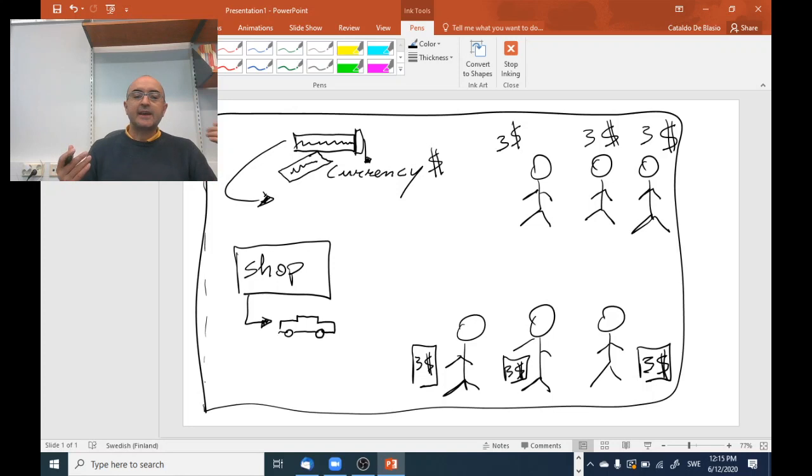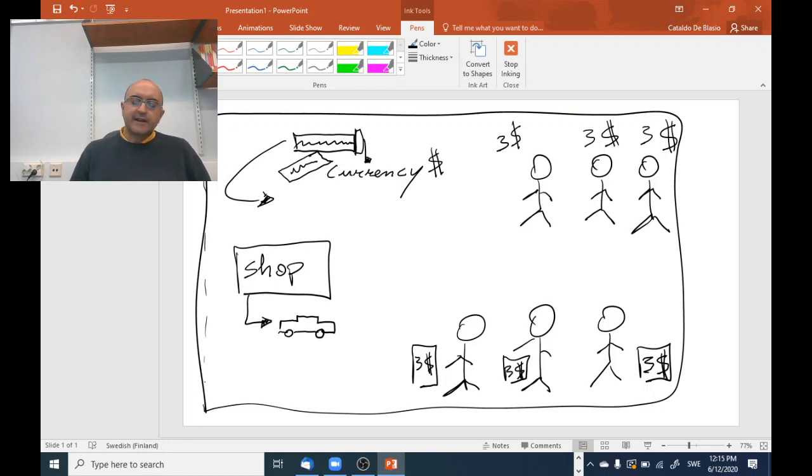So yes, it's true that the prices are going up, of course, but basically there is no change, because the amount of currency in the pockets of the persons is double. So it doesn't matter if the price is also double. So nothing will change in reality.